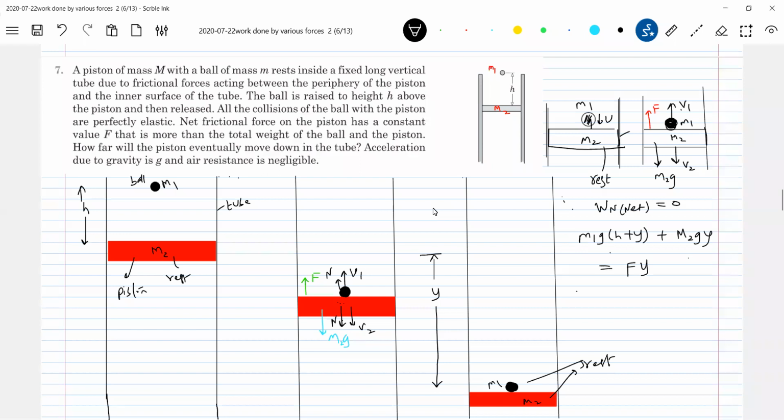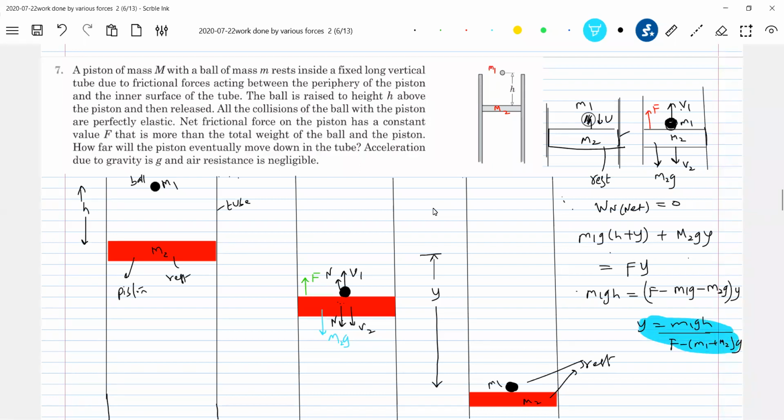So we have to solve for y. Everything is given. This will be m1gh equals (F minus m1g minus m2g) into y, so y equals m1gh divided by (F minus m1g minus m2g). Look, this will be our final answer.